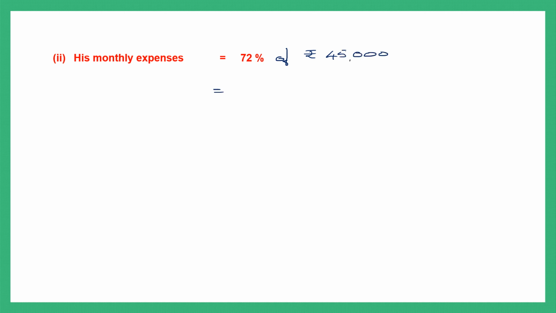So let's work this out. 72 by 100 into 45,000. So here we can cancel the two zeros here and two zeros here. And I just have to multiply 72 into 450.